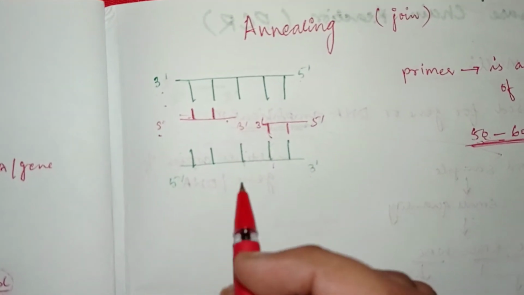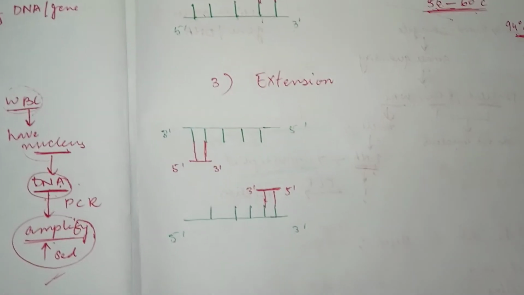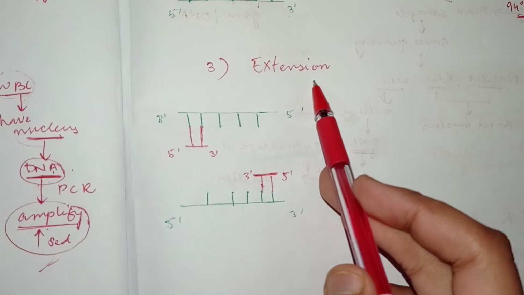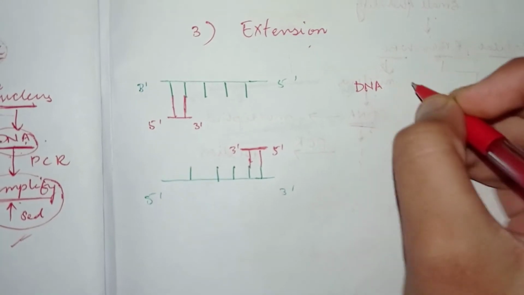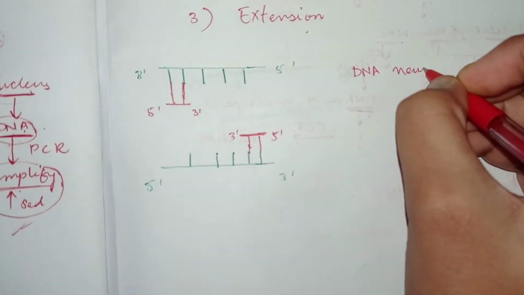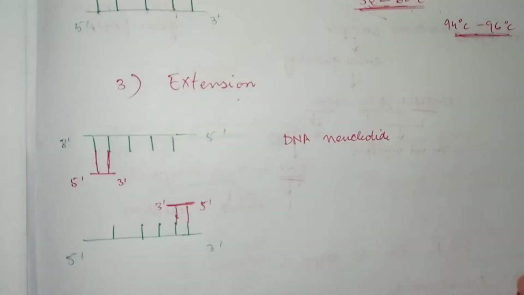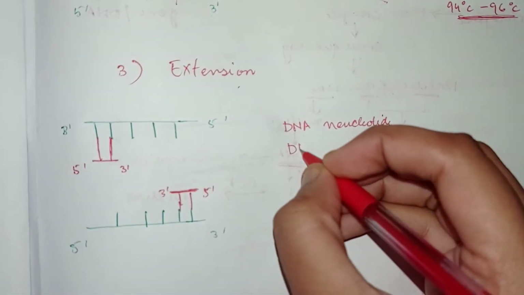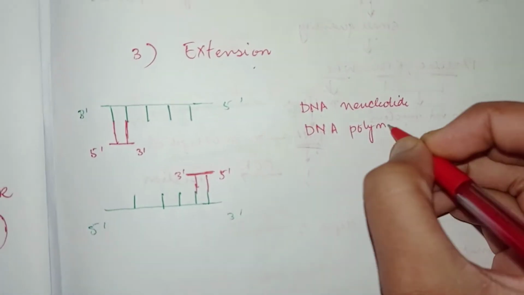Now we will study about the third step, that is extension. In the third step, extension, we need DNA nucleotides and DNA polymerase.